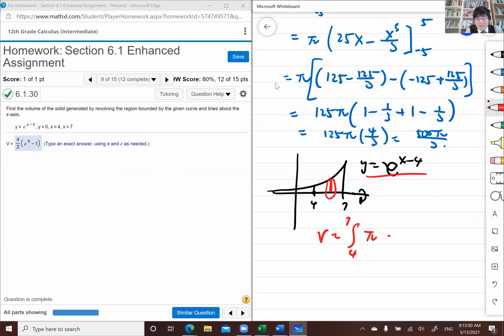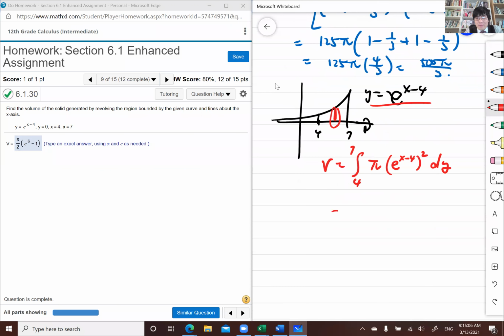So the volume will be the integral from 4 through 7 of pi times the radius squared, which is e to the 2x minus 8, dy. No, not dy, dx.